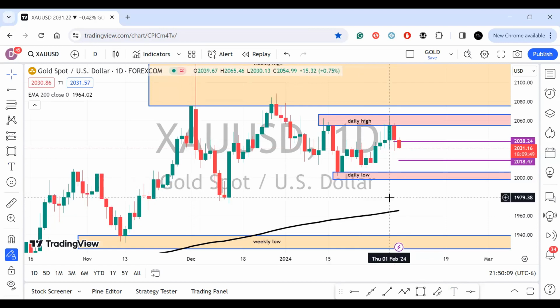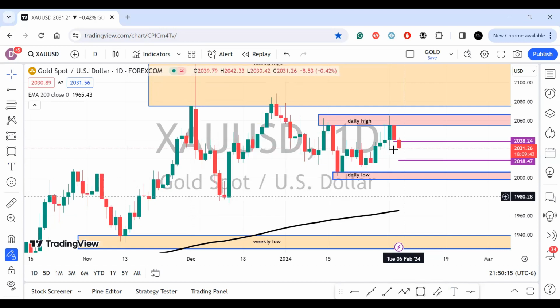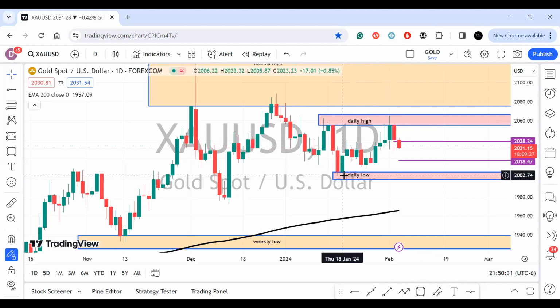So on the next lower time frame, which is our H4 time frame, I will start from this daily high coming down, but we're going to indicate the H4 structures. Or I can say, let me start from this daily low up.